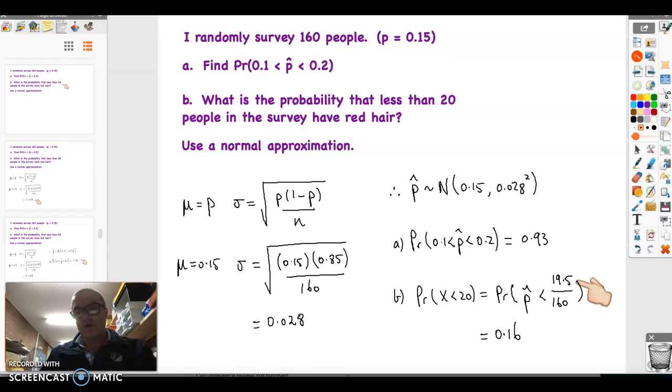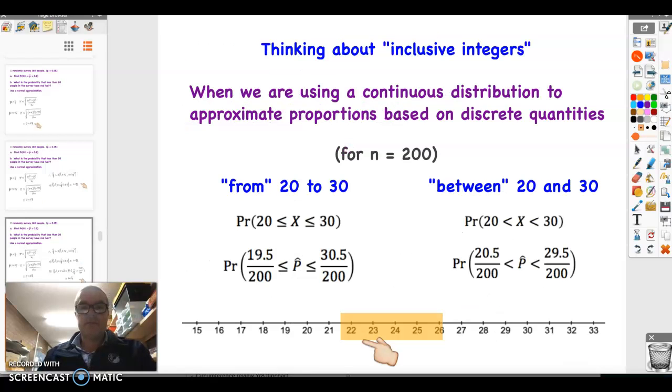So let's have a discussion about why I chose 19.5 out of 160 to reflect the 20 out of 160 people in the sample. It's a little tricky, but we're thinking about inclusive integers. And the way this has come about is because we're using a distribution which is continuous to give us answers or approximate proportions about discrete quantities. So let's say we're talking about a sample size of 200 people.